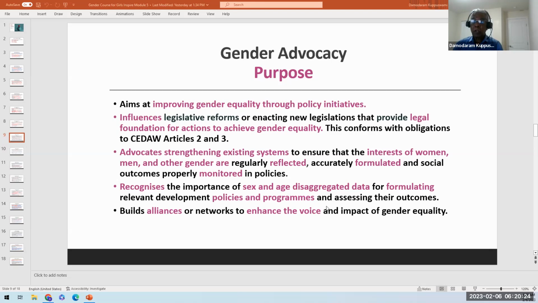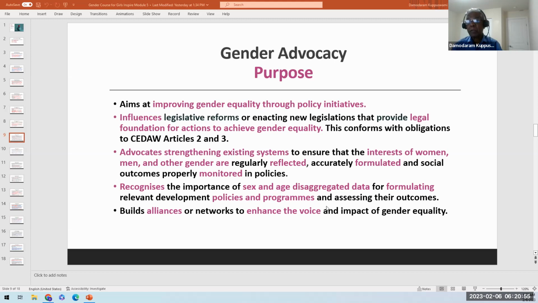So constantly what we are advocating is, do the policies reflect the realities on the ground? Does it really integrate into formulating those policies? And thirdly, when they are implementing it, do they monitor that the expected outcomes reach the intended participants?